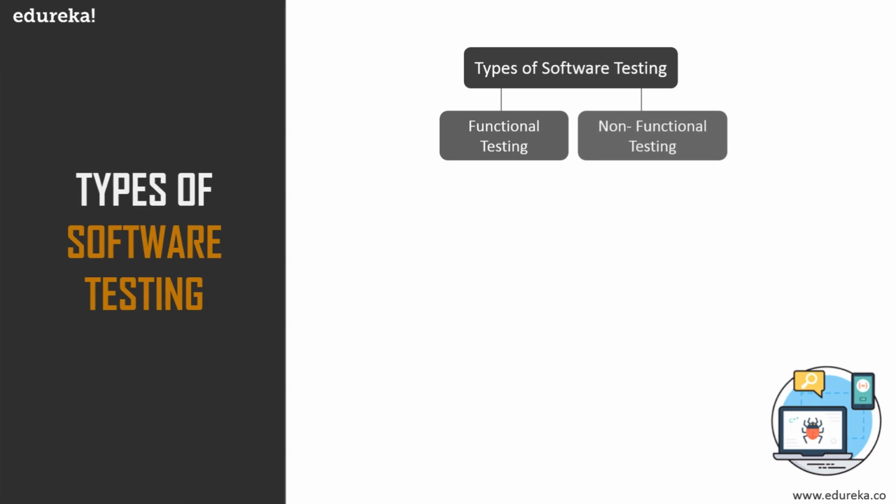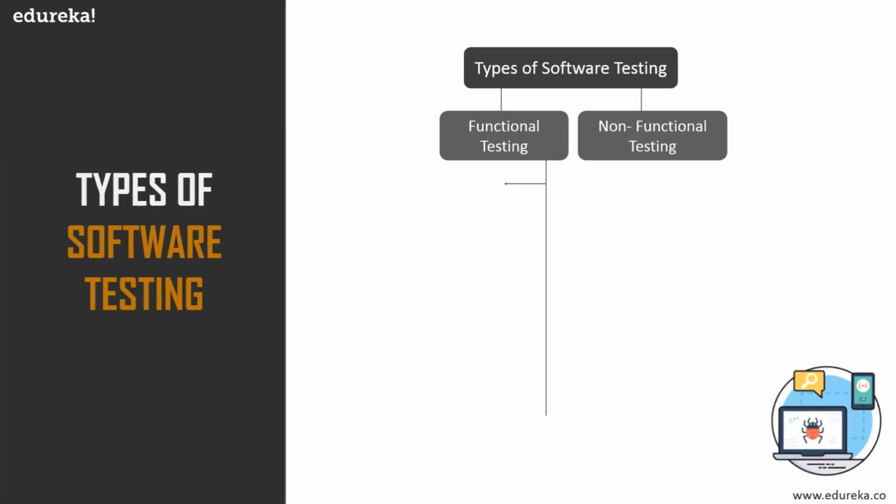Functional testing is the type of testing which verifies that each function of the software application is working properly under given conditions. Whereas non-functional testing determines the performance of a system, to measure, validate or verify quality attributes of the system, to check if the software that you've built is working properly or not.